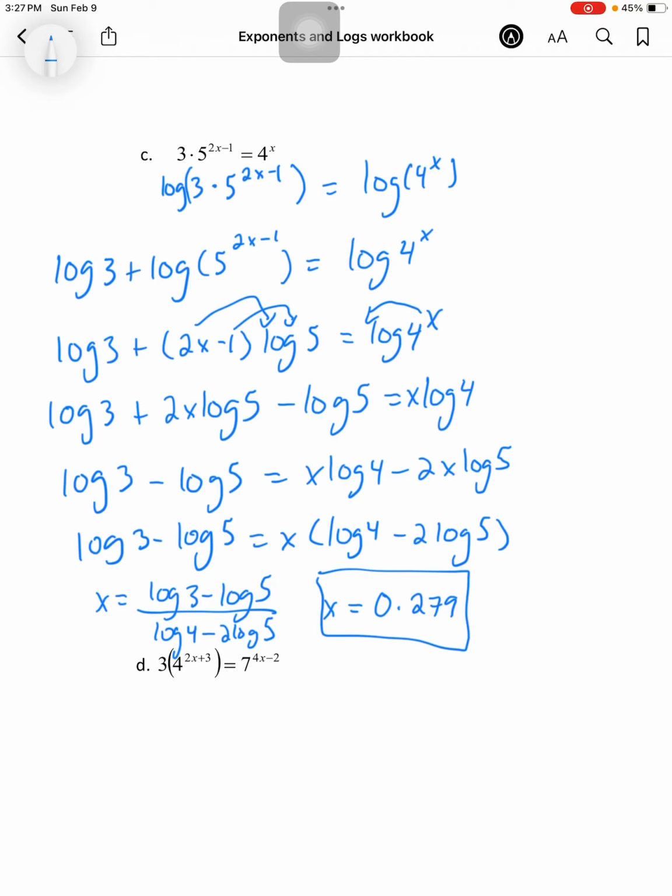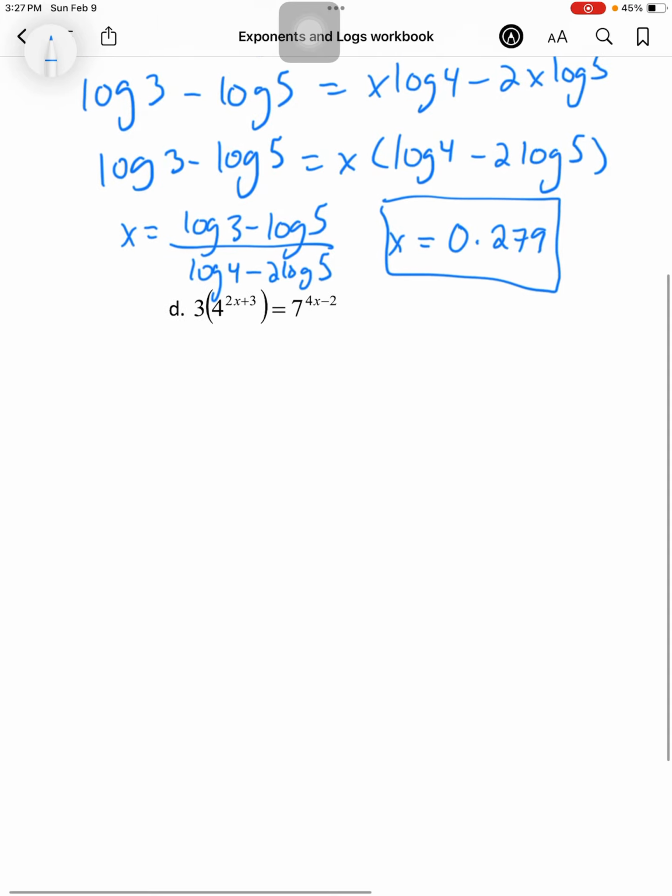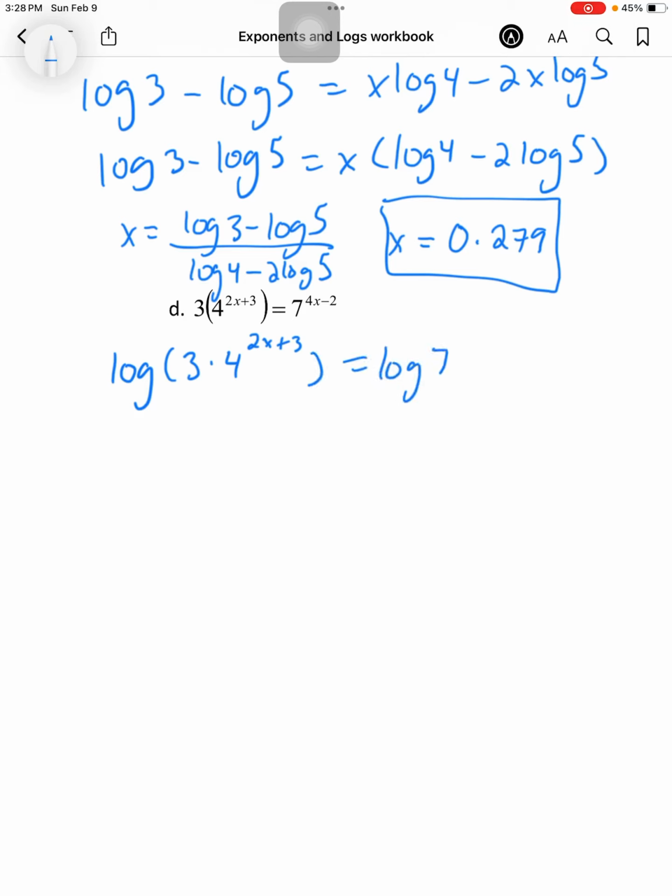So letter D. Here we have essentially the same thing, just extra practice. So it's going to be log, and in brackets, 3, 4, 2x plus 3 equals log 7, 4x minus 2.